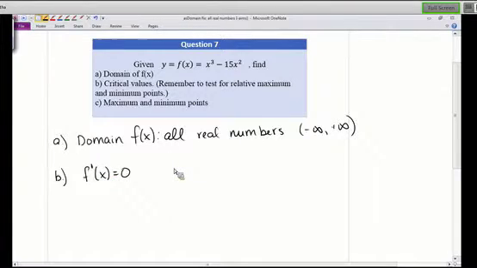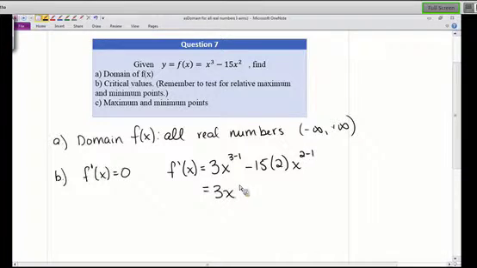So to take the derivative of f of x, we want to use the power rule. So we're going to bring the exponent down in front of our variable, and we want to subtract our exponent by 1. Same thing with the second term. We're going to bring our exponent down in front, and we want to subtract our exponent by 1. Now let's simplify this out.